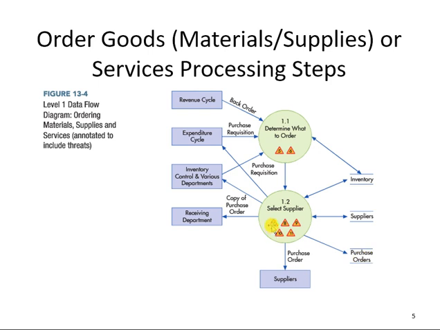A copy of the purchase order will also be sent to the receiving department, and to the department who initiated the purchase request. So various copies will be sent. And also accounts payable will be notified of this pending financial commitment.